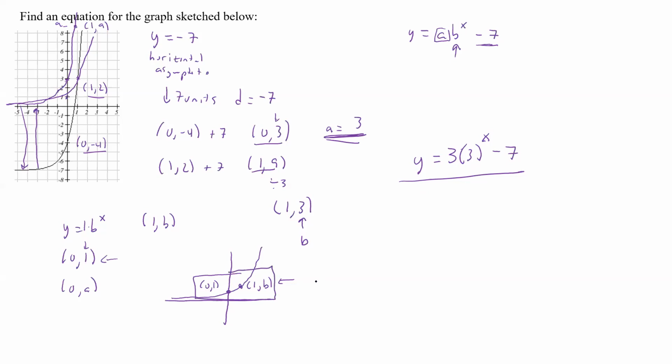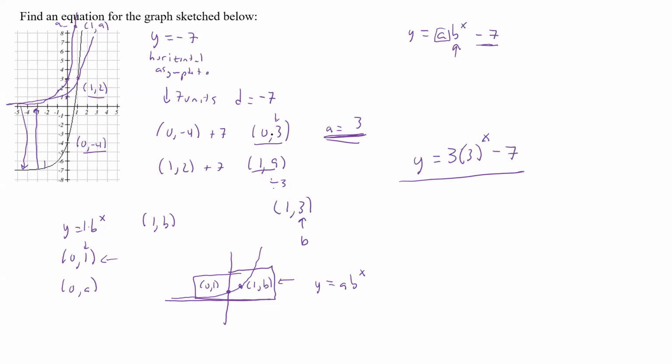Okay, so the key point is I had to know these two are the original points for y equals a b to the x, and then go from there based on what the picture is. I had to find the horizontal asymptote, and in this case it was -7, so I had to move up 7. Now if I'd had a high one up here, then I'd have had to go down 7, because this would have been a +7, and all the y values would have gone down by 7. It would have done the same thing. Once I got something 0, comma, whatever, when I have the horizontal asymptote at 0, that's going to be my a.